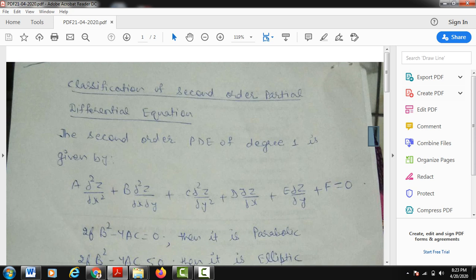Okay, so the general second order partial differential equation of first degree, or linear second order partial differential equation, is given by, and you have to remember this standard equation: a curly 2z over curly x square, b curly 2z over curly x curly y, c curly 2z over curly y square, d curly z over curly x, e curly z over curly y, and f.